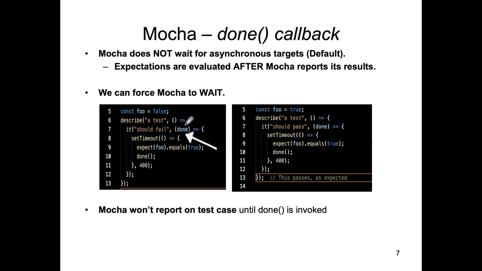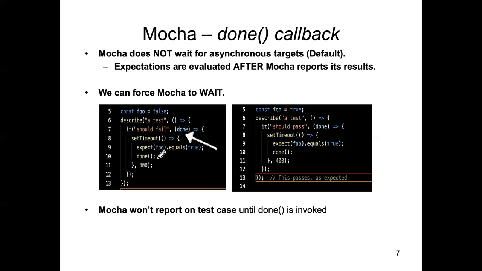So this done argument is passed into our callback function by Mocha, and done is a function. Mocha will wait until that function has been called before it reports on the outcome of the overall test.